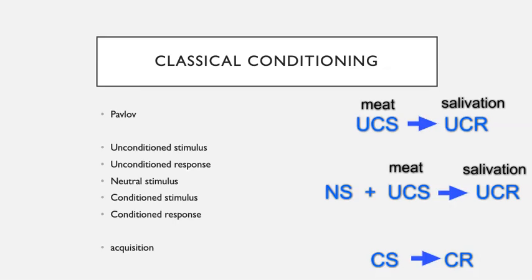What happens in the next stage is that you add in a neutral stimulus before you present the unconditioned stimulus. The neutral stimulus is something that doesn't have a natural response. Like, for example, for dogs, if you ring a bell, there is no natural response that every dog on earth is going to have. It's just a random thing. So a neutral stimulus is added.